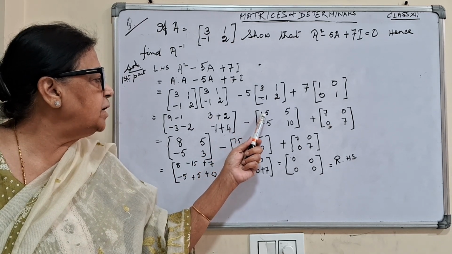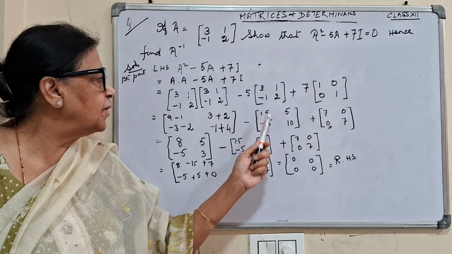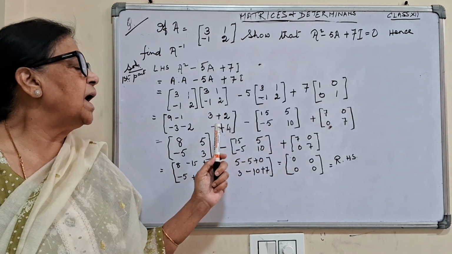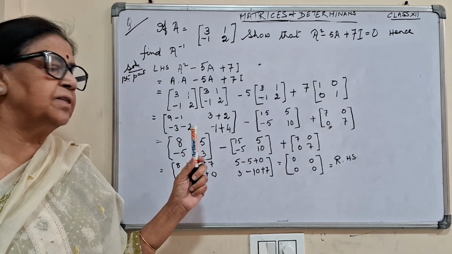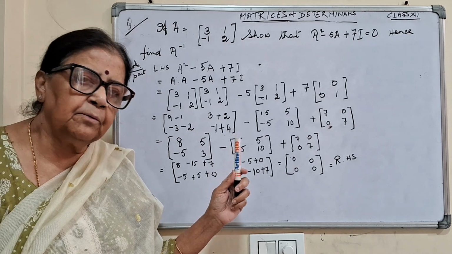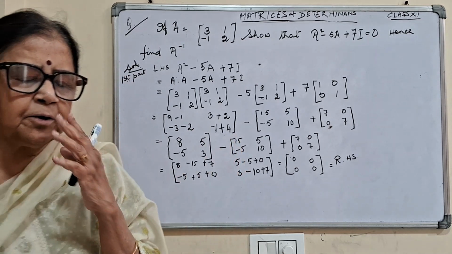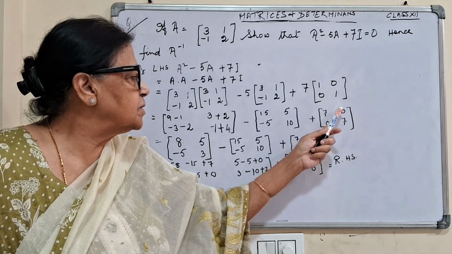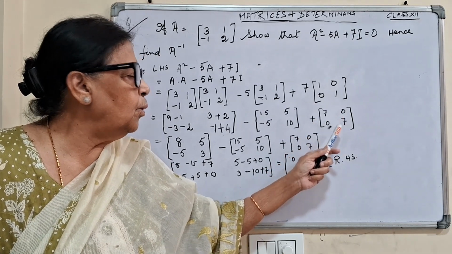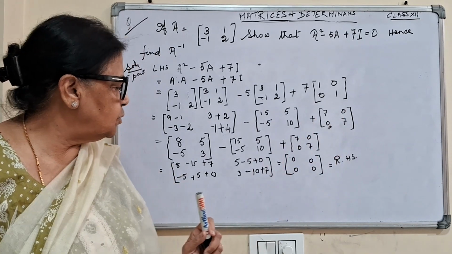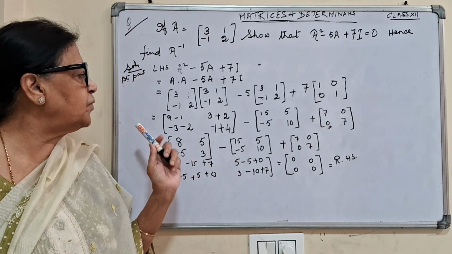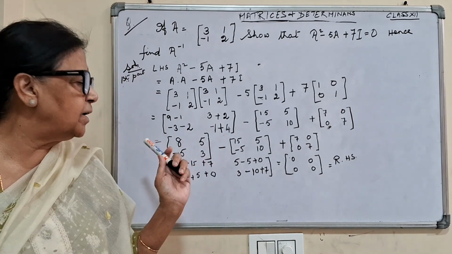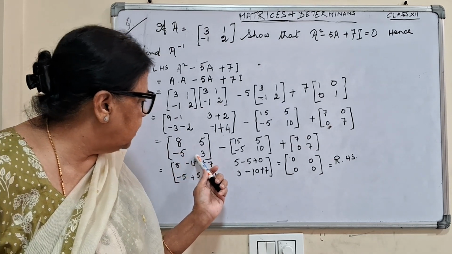That is 15, 5, minus 5, 10. And 7I is 7, 0, 0, 7. When I simplify, I get 8, 5, minus 5, 3.